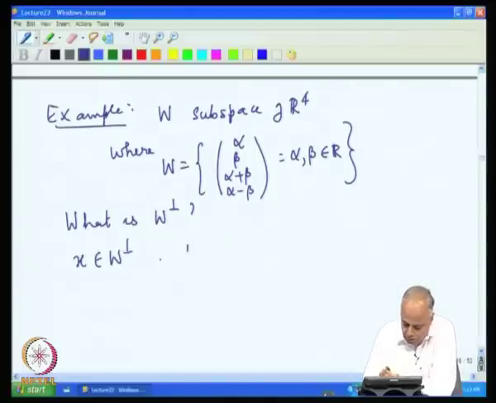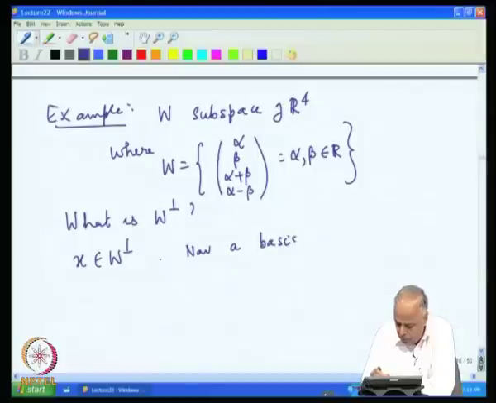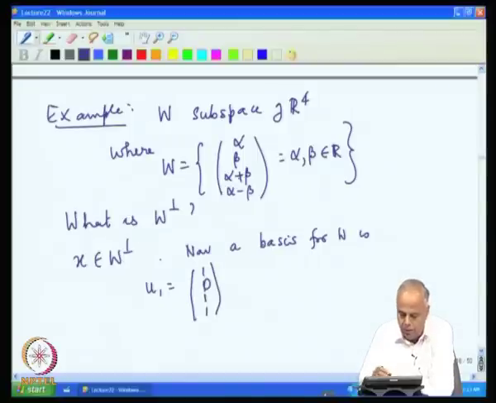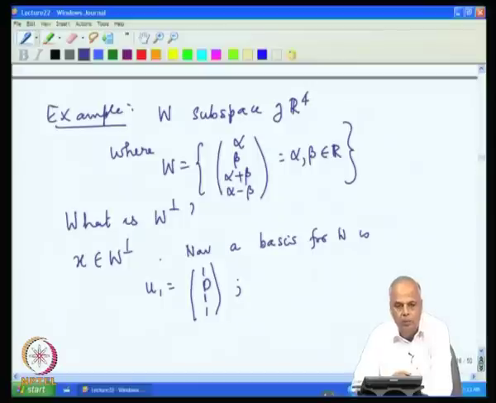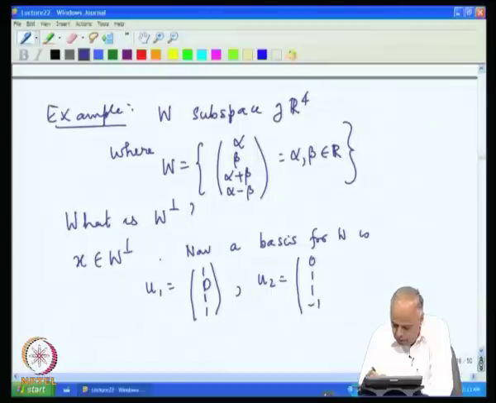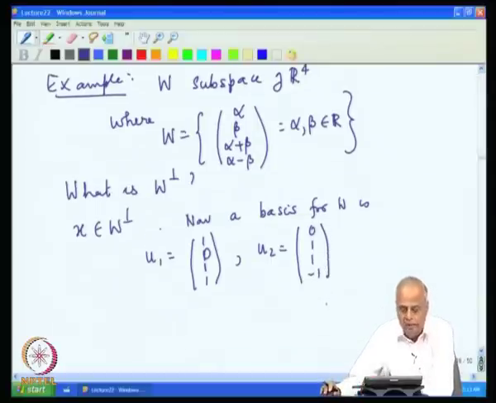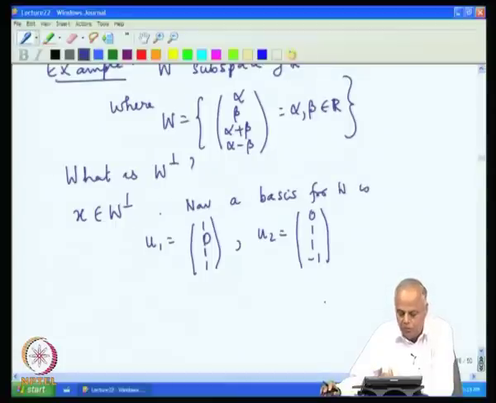Now, a basis for W is u1 equal to 1 0 1 1. This is got by taking alpha equal to 1 and beta equal to 0, and now taking alpha equal to 0, beta equal to 1, we get u2. These two vectors are linearly independent, are in W, and any vector is of the form alpha u1 plus beta u2.